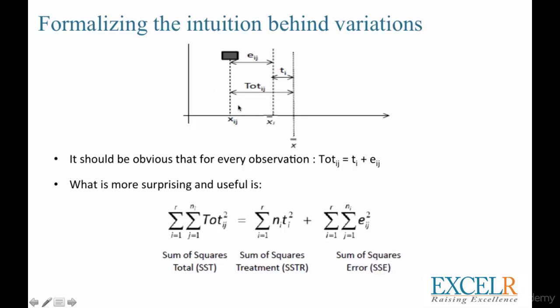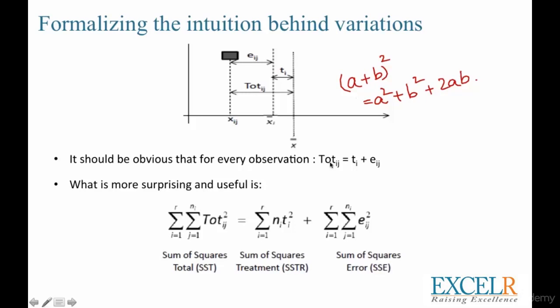That is the distance between each individual weight loss to the grand average weight loss is given using Eij plus Ti. That is what is written here. And I'm assuming that you guys know the (A plus B) whole square formula. This is equal to A square plus B square plus 2AB.